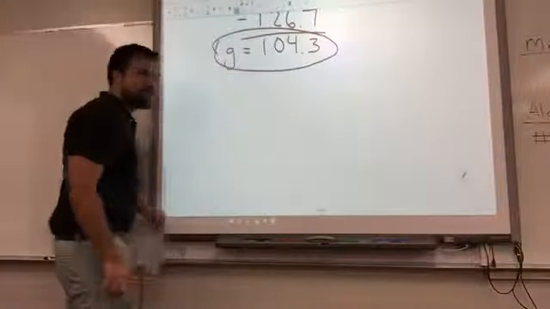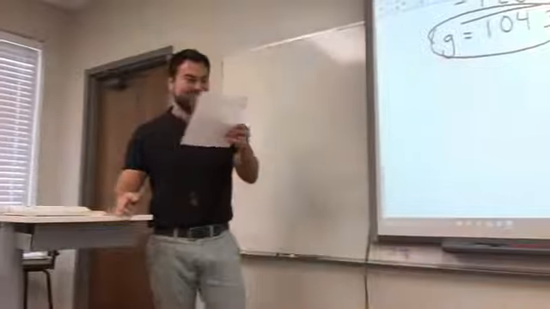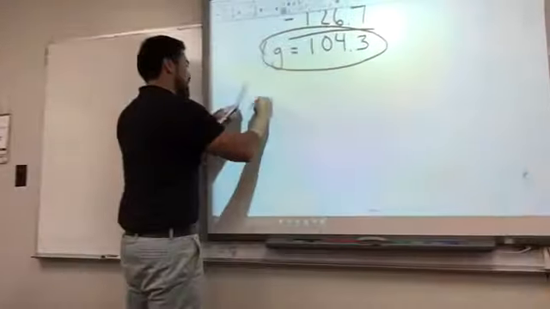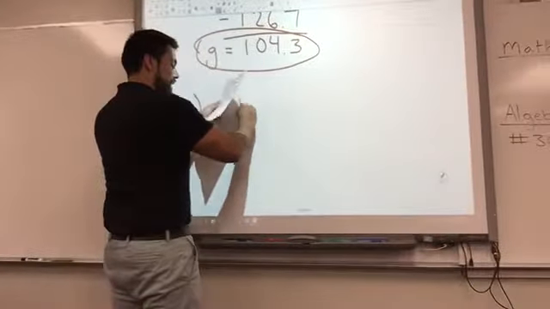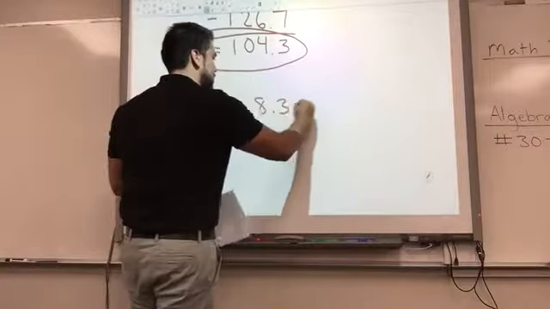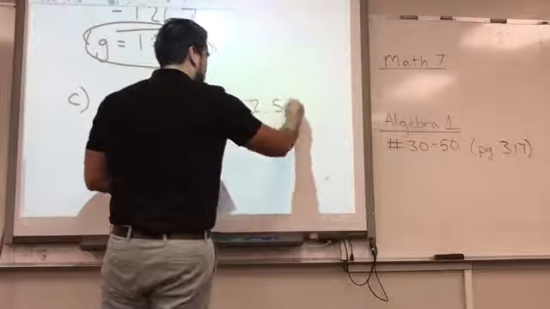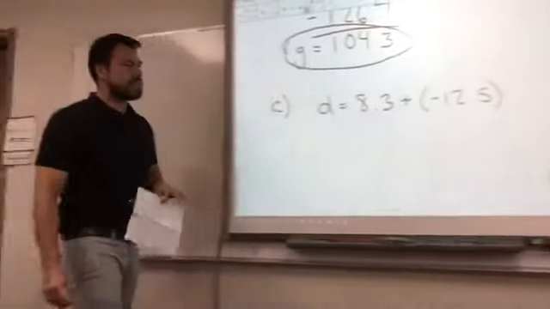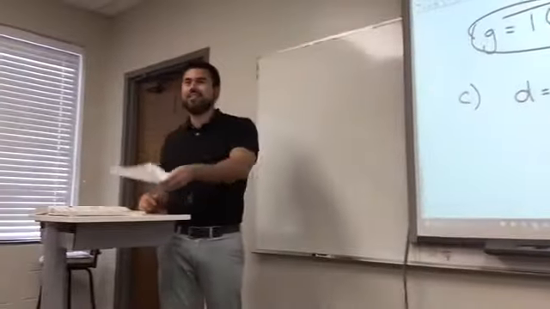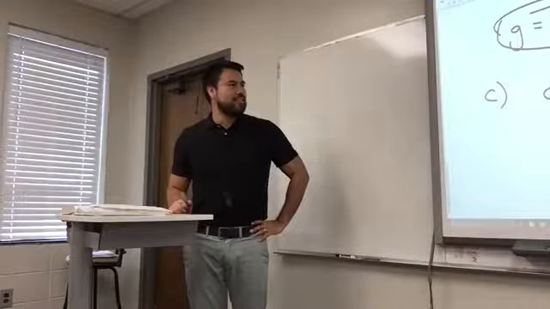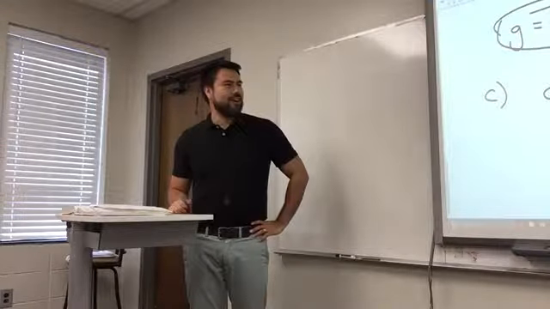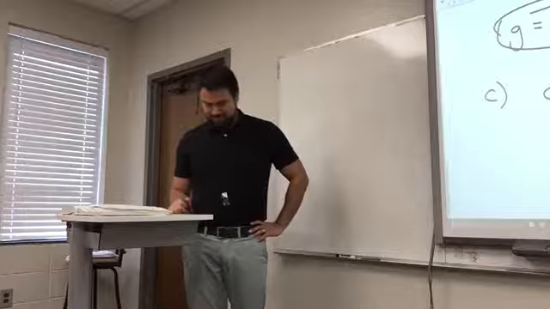All right. Oh, my. The toughest type of problem there is in this lesson. Oh, man. D equals 8.3 plus negative 12.5. Okay, maybe this isn't the hardest, but it's getting there. All right. I stare and I stare.